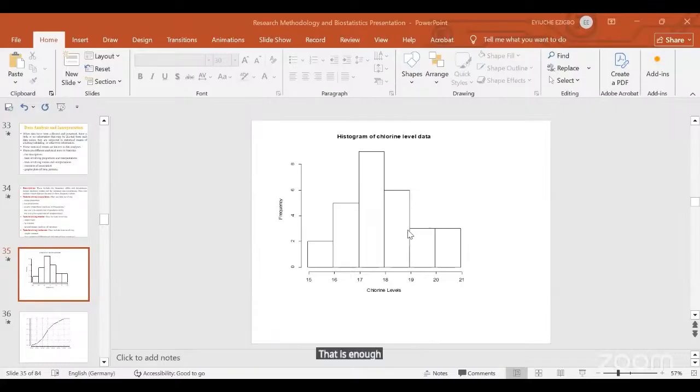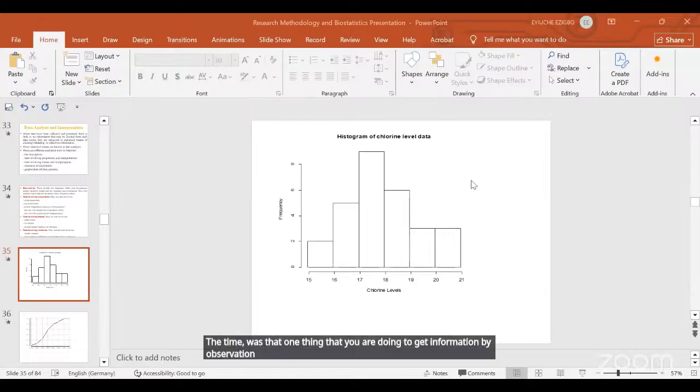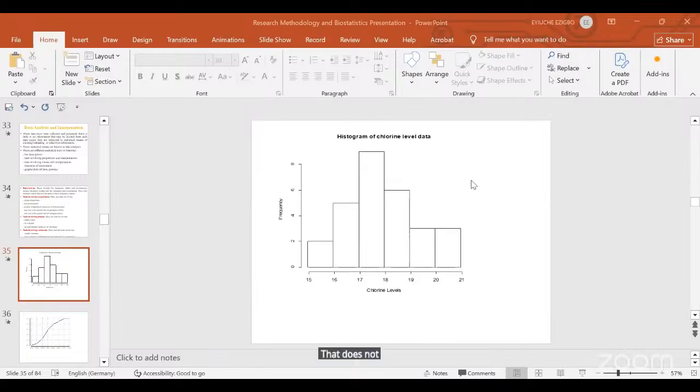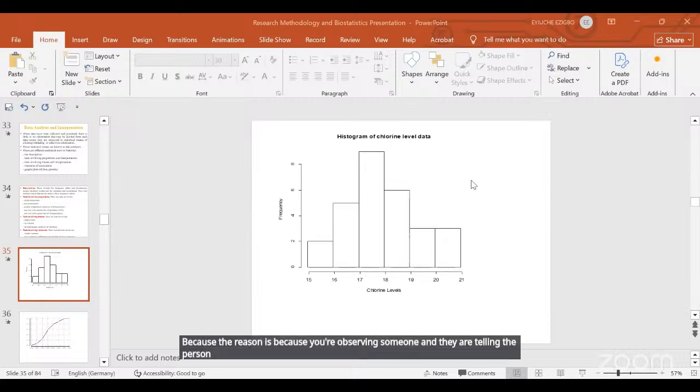Whatever thing that you are doing to get information by observation does not require permission. Did you get what I mean? Because you can't be observing someone and be telling the person, I am observing you.